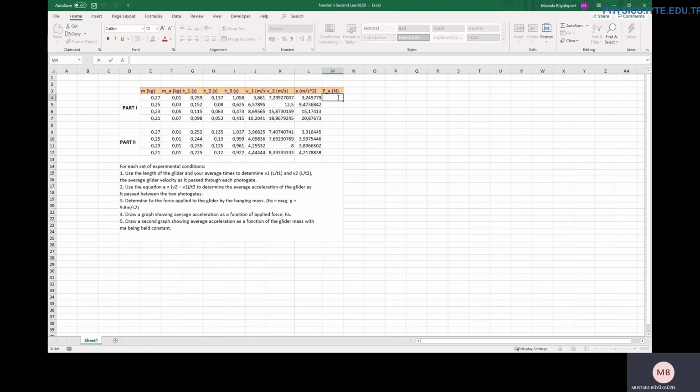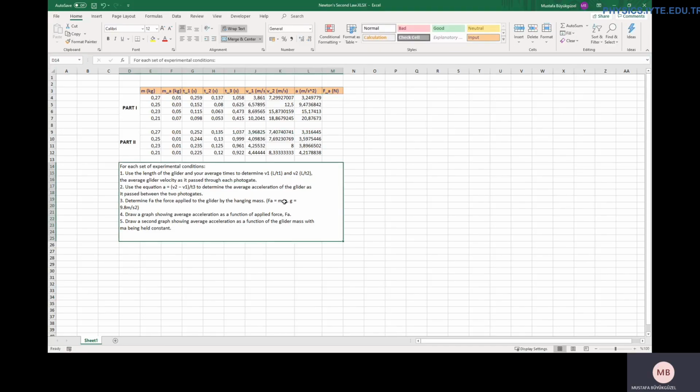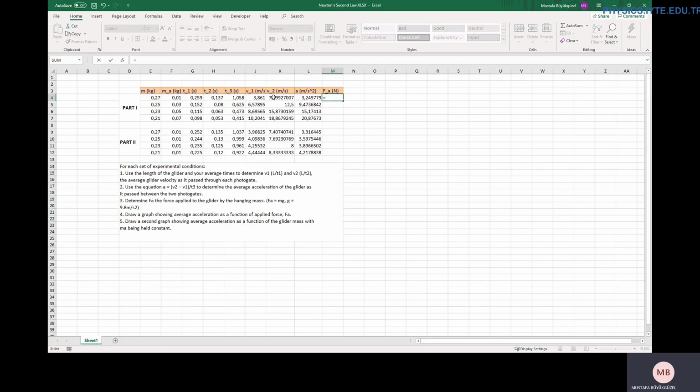And the final calculation that I have to make is to find the force on the glider, and the way I'm going to do that is just using m times g. There's an extra a here, which let me delete, and the applied force is m times g. It's equal to the hanged mass times g, which is 9.8 meters per second squared.